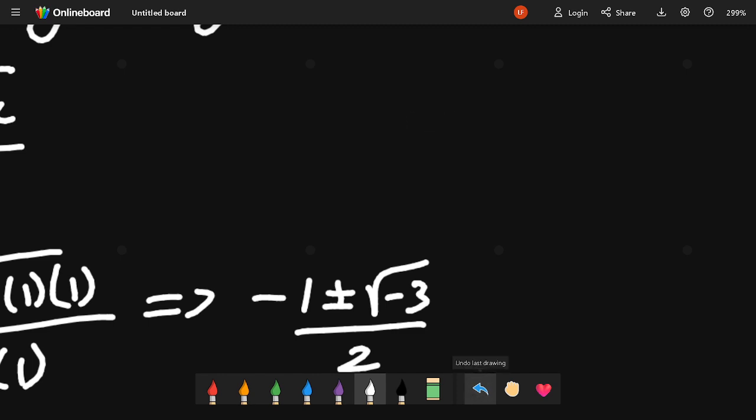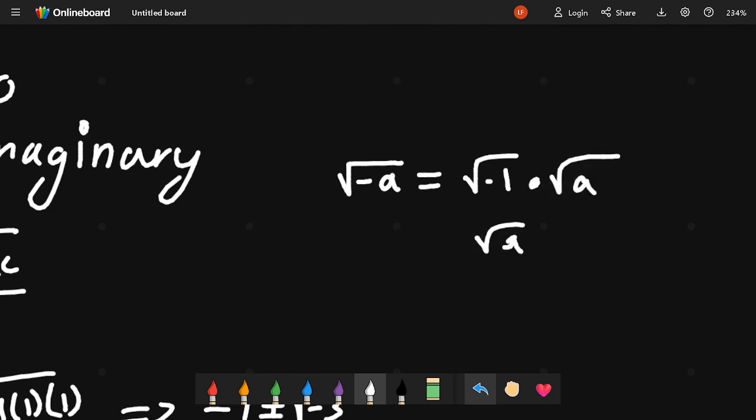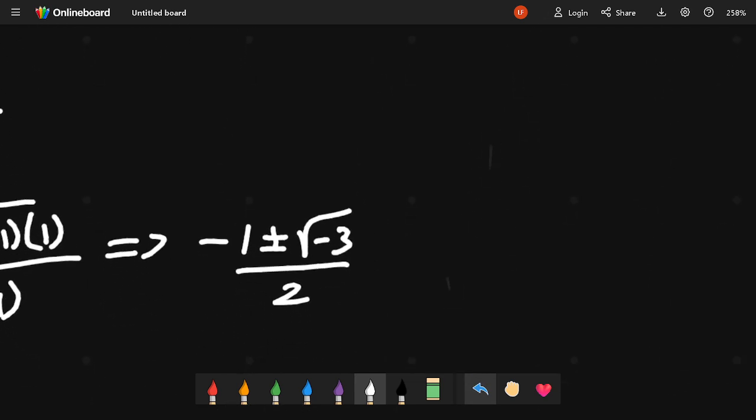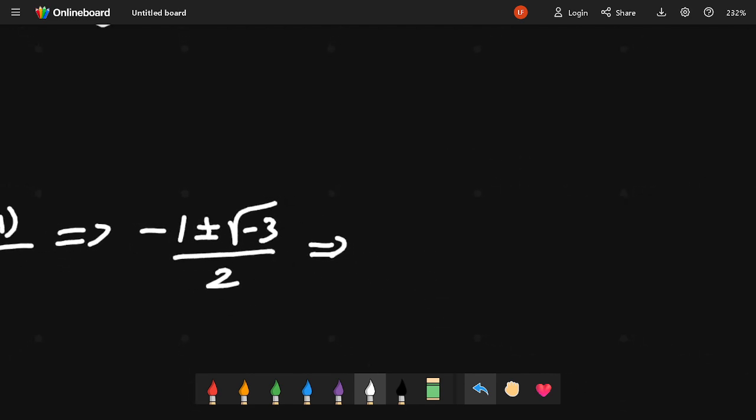Write it like this. The square root of negative a is equal to the square root of negative 1 times the square root of a. So this is just the square root of a times i. So we're going to apply this here. And this is going to give us minus 1 plus or minus i times the square root of 3 over 2.